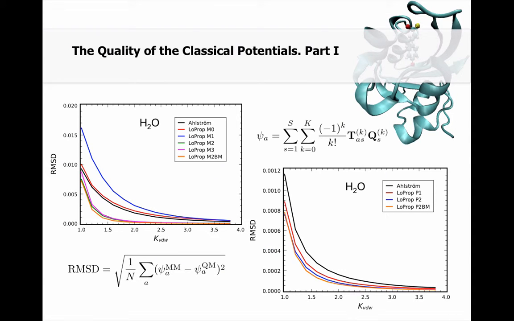Looking further here at the electrostatic potential created by these force field methods, we see that going up in the hierarchy, that is going from a point charge description to including dipoles, to including quadrupoles, to including octupoles, and to including parameters also at the bond midpoint, gives rise to a reduction in the error between the potential calculated using the force field method and a QM reference.